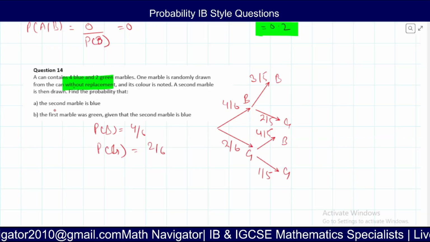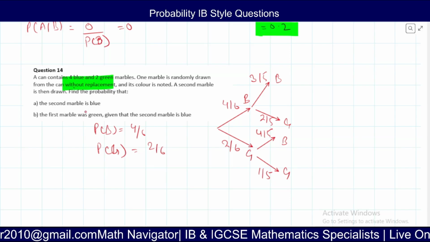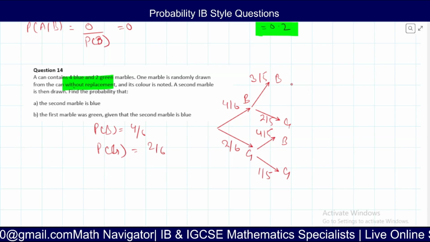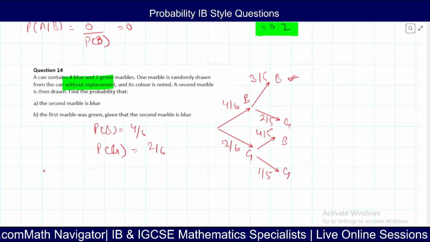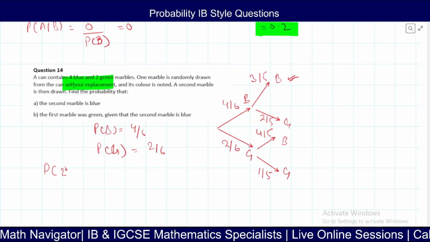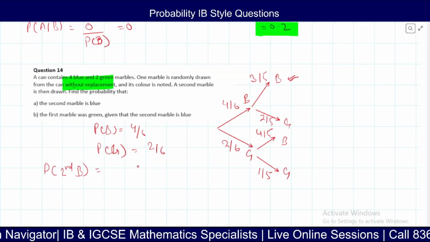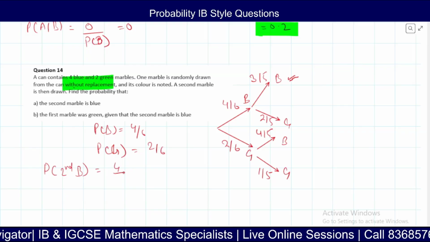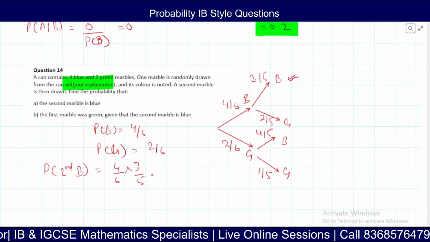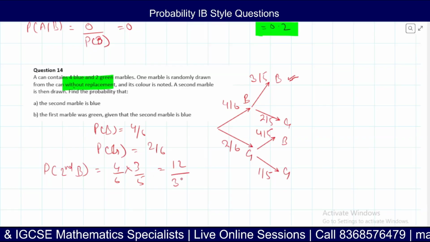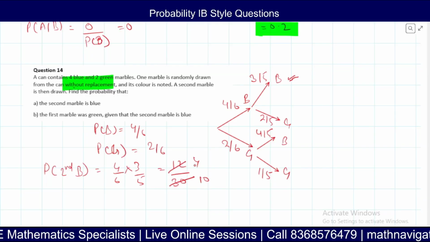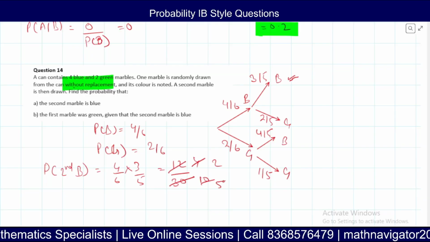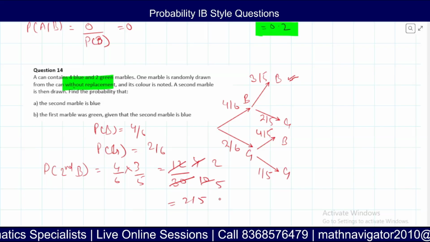Find the probability that the second marble is blue. So for second ball blue, probability is 4 by 6 times 3 by 5, so 12 by 30. Now you can simplify: 3 fours are 12, 3 tens are 30, so 2 by 5. Got it?